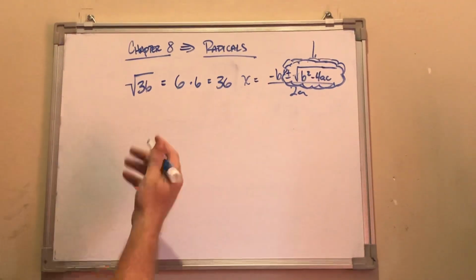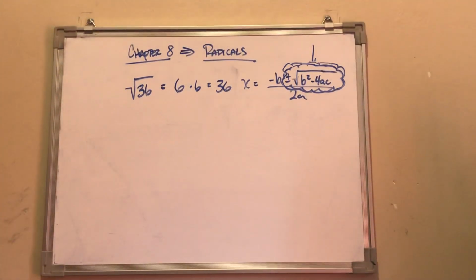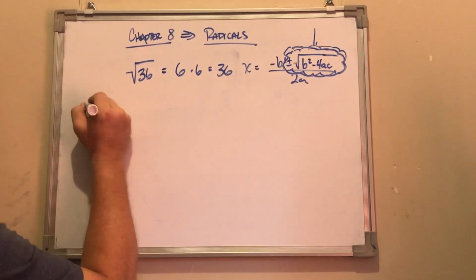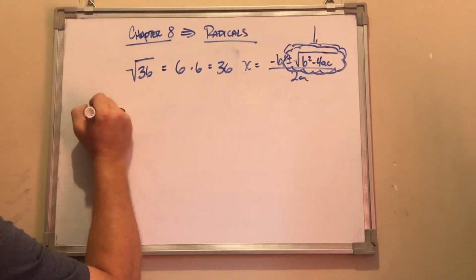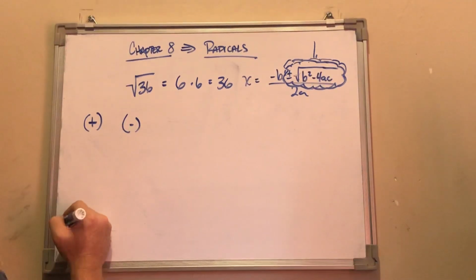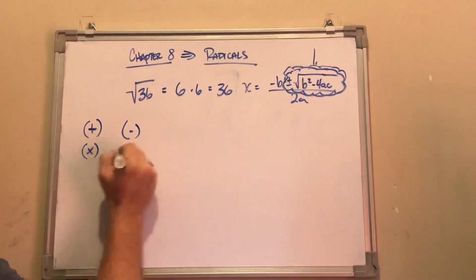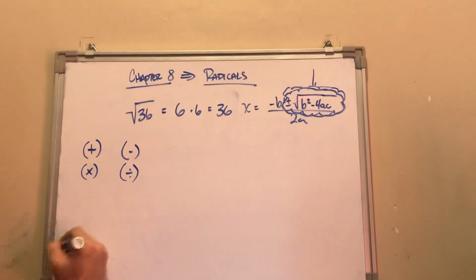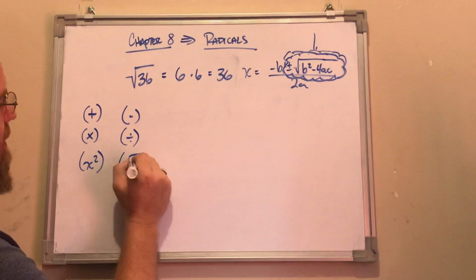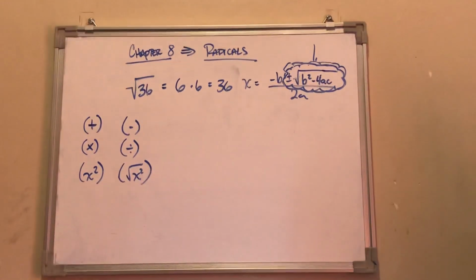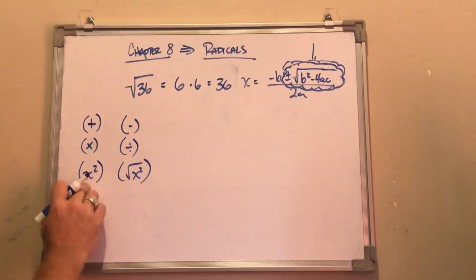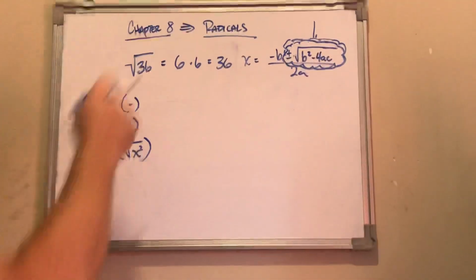So a radical is the opposite of an exponent, just like adding is the opposite of subtraction, multiplication is the opposite of division, and exponents are the opposite of radicals or roots. Okay?